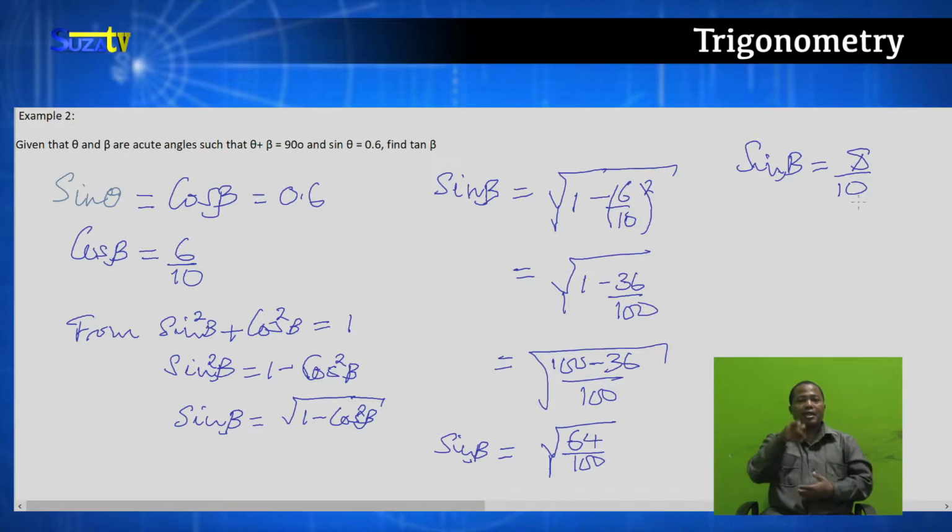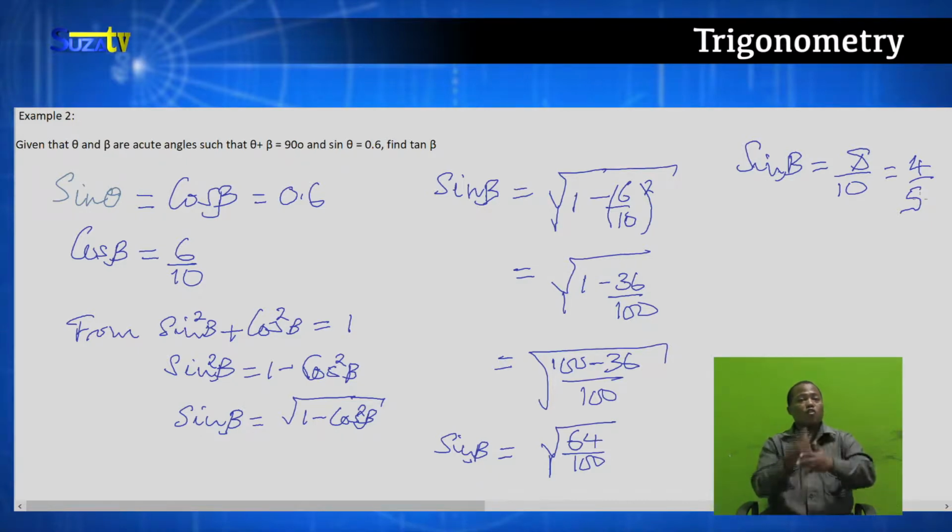And if we simplify it further, as we know, we are supposed to put the fraction in a simpler form, and here 8 over 10 can be simplified into 4 over 5.